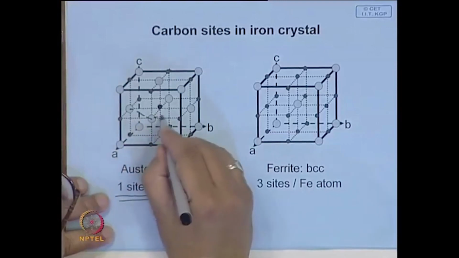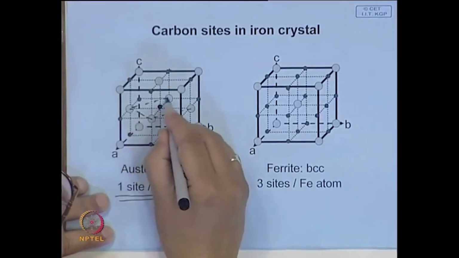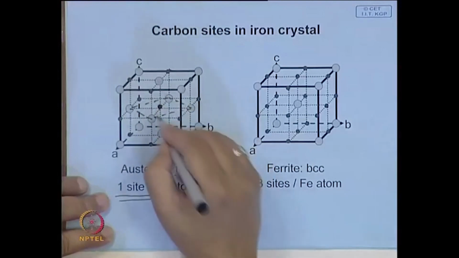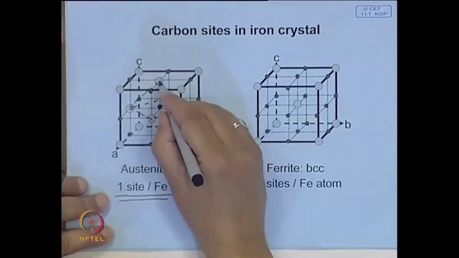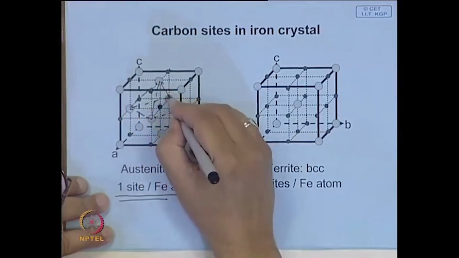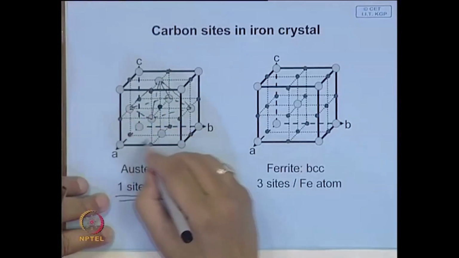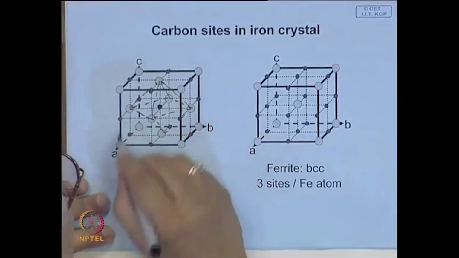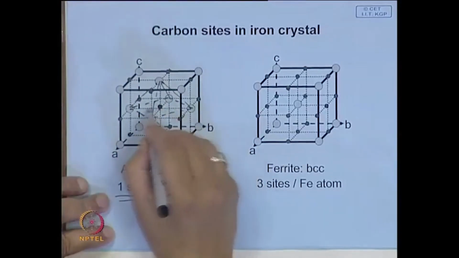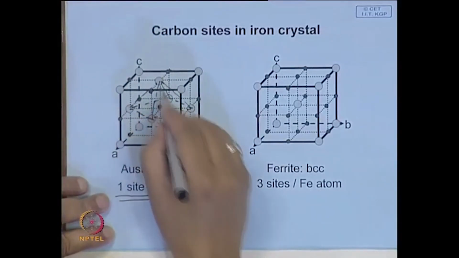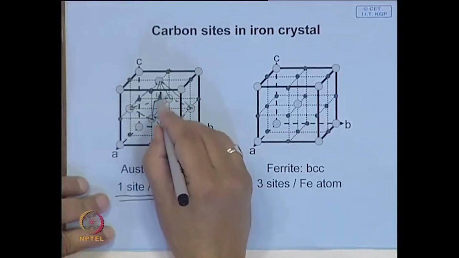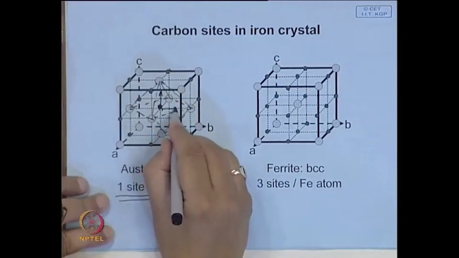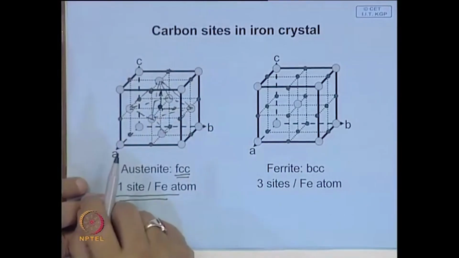Now, if you join these, what you get is an octahedron, 8 faces. You can join similarly the bottom, and it is possible to show, in fact this was shown also, that the space in all directions, the gap in this direction and the gap in this direction, are identical.